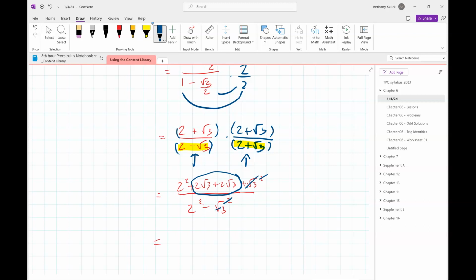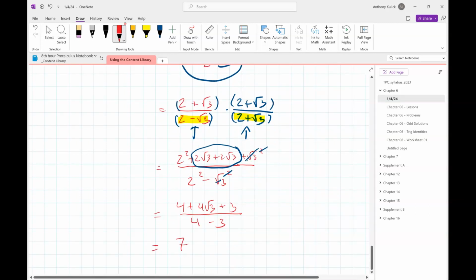I have 2 oranges and then another 2 oranges. How many oranges do I have altogether? 4. So I have 2 root 3s and another 2 root 3s. How many root 3s do I have altogether? 4 root 3s. Everybody's okay there?